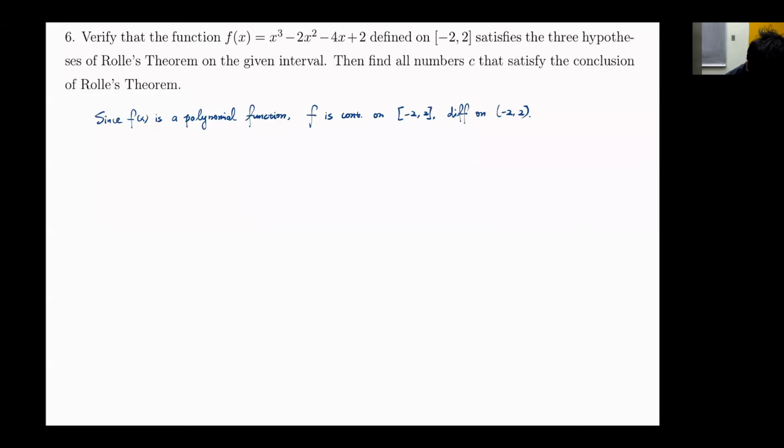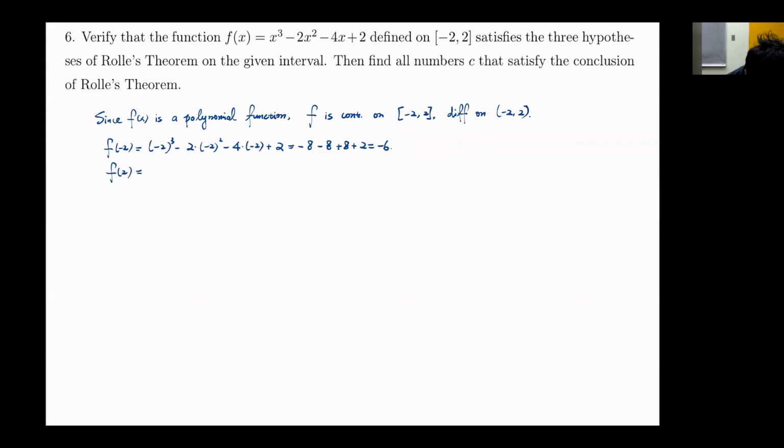Moreover, let's check f of -2. f of -2 will be (-2) cubed, minus 2 times (-2) squared, minus 4 times -2, and finally plus 2. So what I will have is -8, -8, +8, +2, and the answer will be -6.